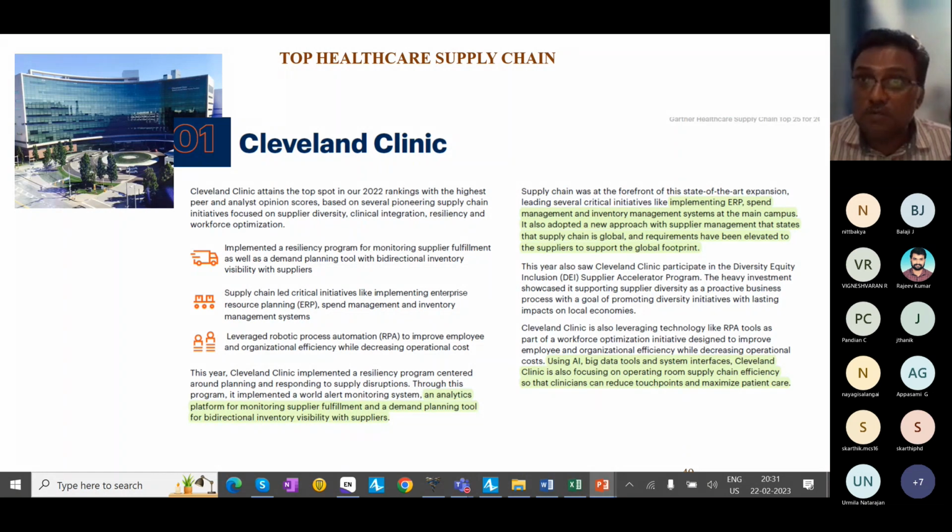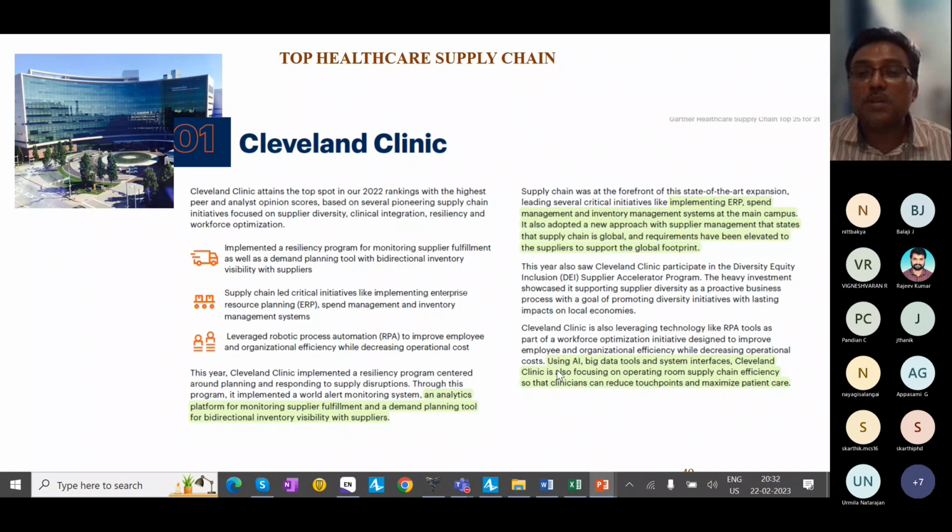They are implementing it. With this implementation, they became number 1 in healthcare supply chain, right? And they are implementing ERP and an inventory management system. Of course, they focus on all these areas, robotic process automation, and these are connected with the inventory and suppliers, all part of the material centric supply chain.